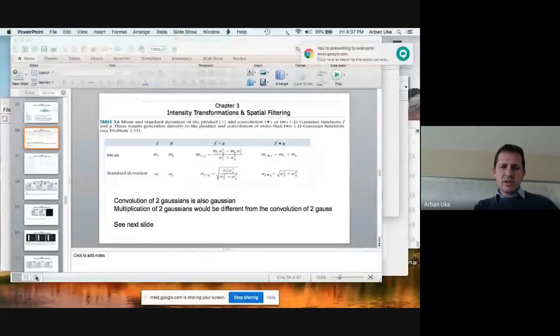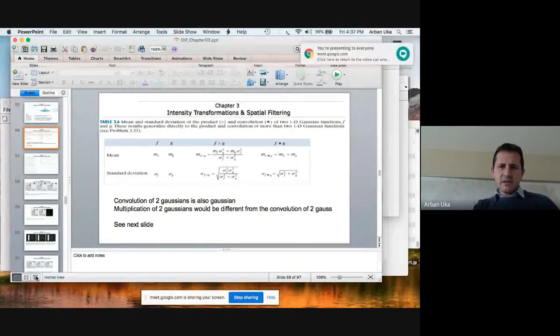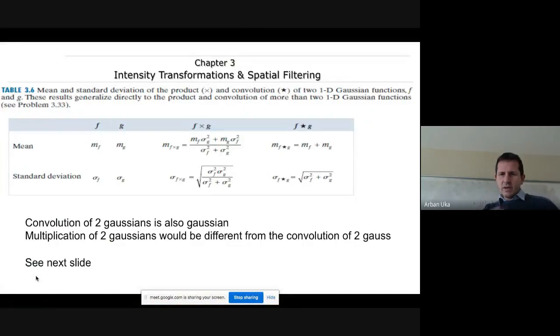So if you look at this slide, for example, if you have the convolution, you can see that the sigma of the convolution of two functions is equal to sigma f squared plus sigma g squared, under a square root. In fact, you know that the variance is the square of the standard deviation, which means that you can just take the variance of the first function plus the variance of the other function and take the square root.